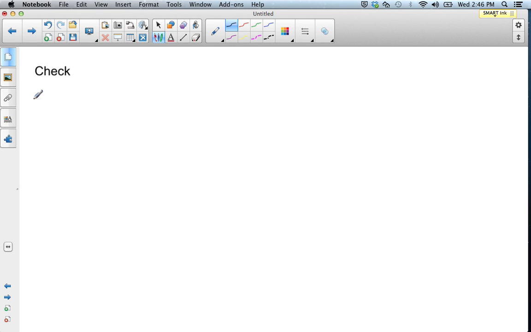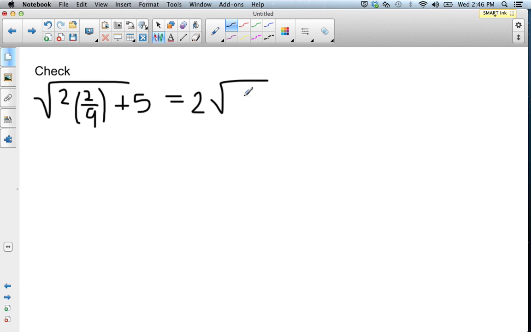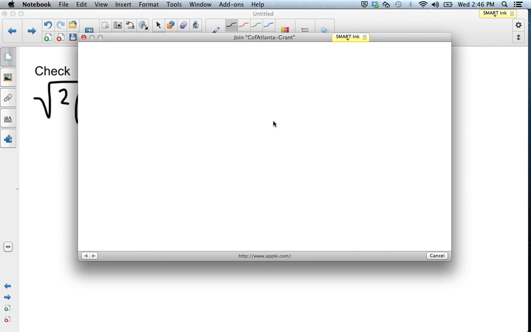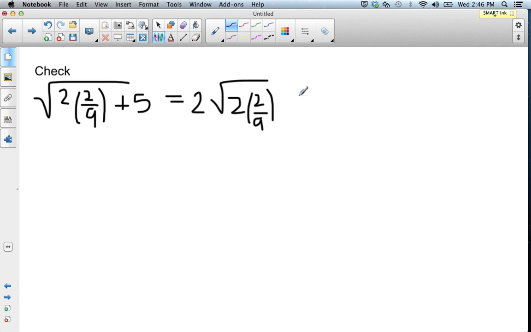So square root of 2 times 2 over 9 plus 5 equals 2 times square root of 2 times 2 over 9, and then plus 1.